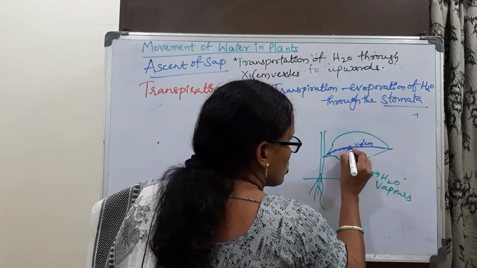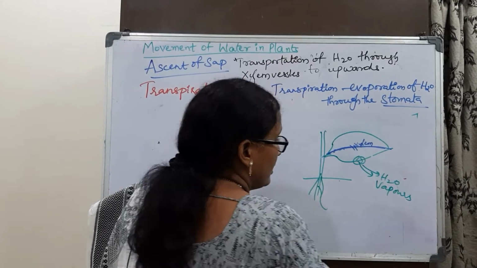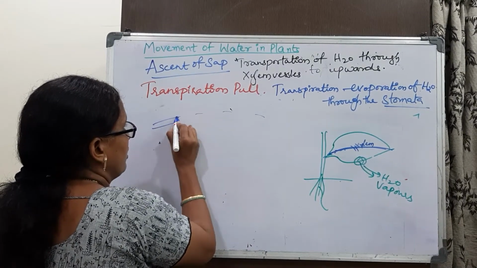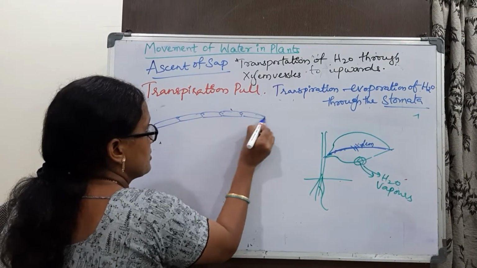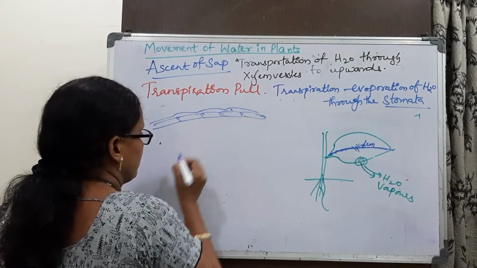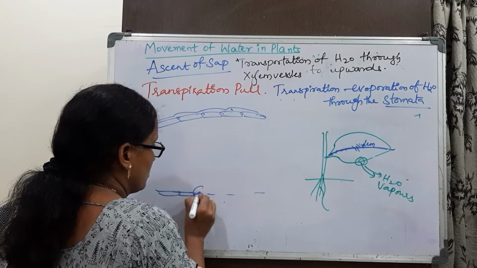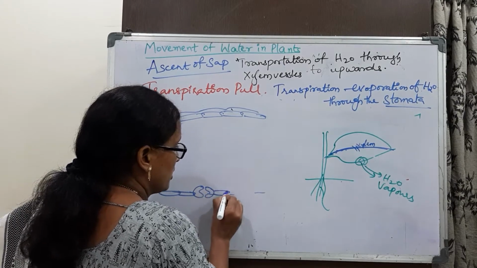In the leaf there is the upper epidermis, here the lower epidermis, and this is our stomata.